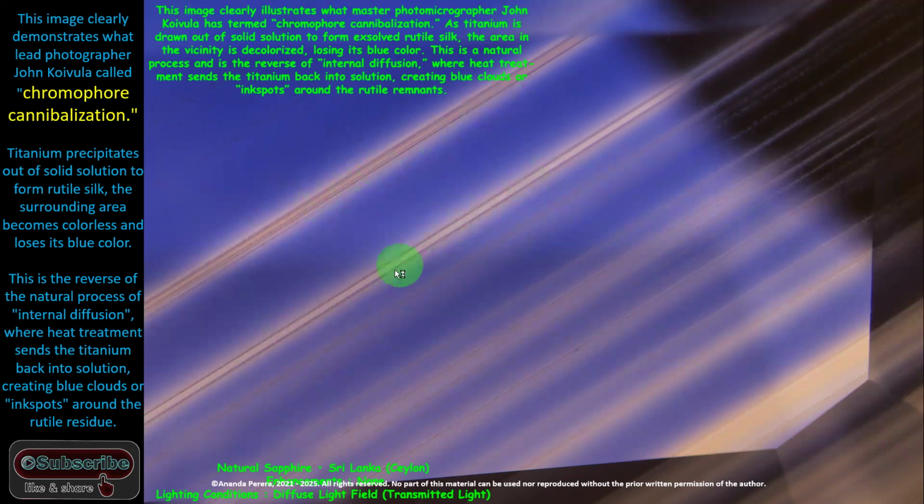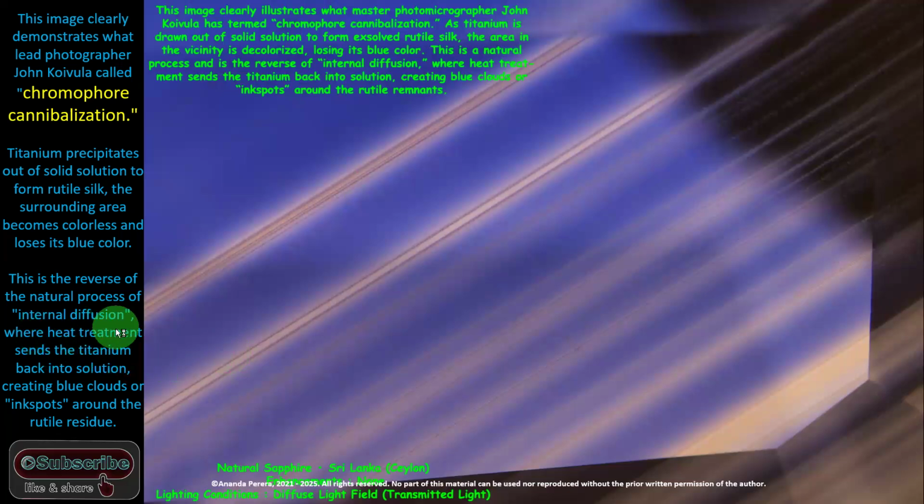This is the reverse of the natural process of internal diffusion. You know what diffusion is? When we diffuse artificially or naturally, when the diffusion happens, the reverse process is happening here. That is called chromophore cannibalization, the name given by John Koivula.